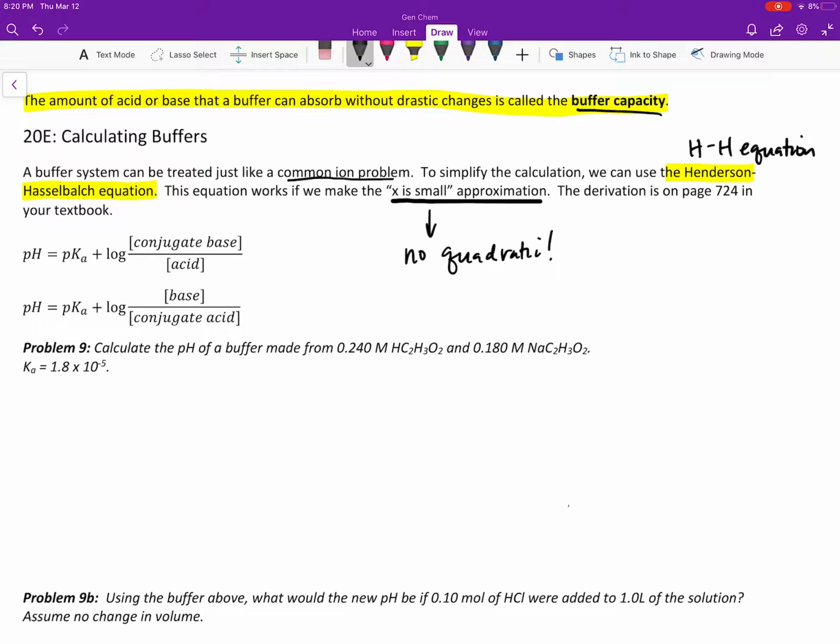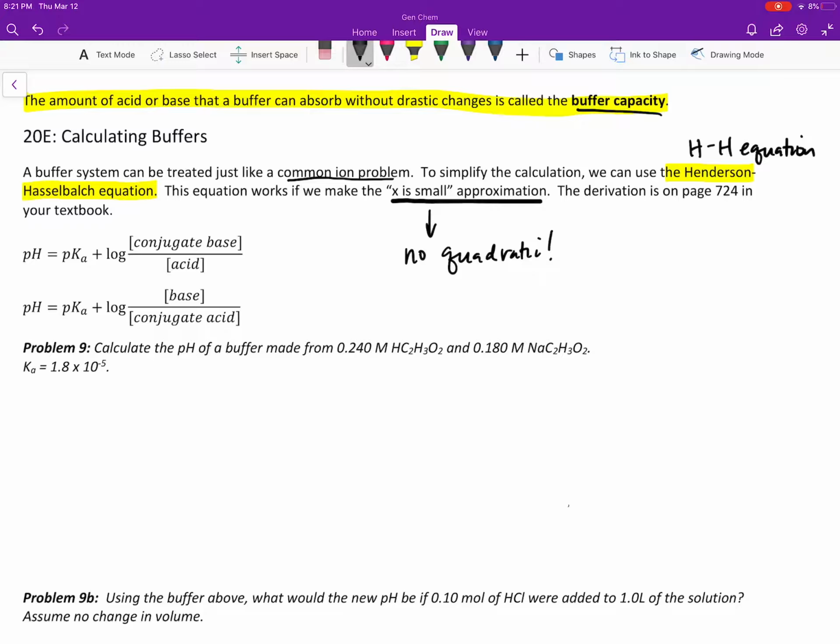And we have two different versions, if you will, of the problem. So we have the pH is equal to the pKa plus the log of the conjugate base over the acid, and the pOH is equal to the pKb plus the log of the conjugate acid over the base.